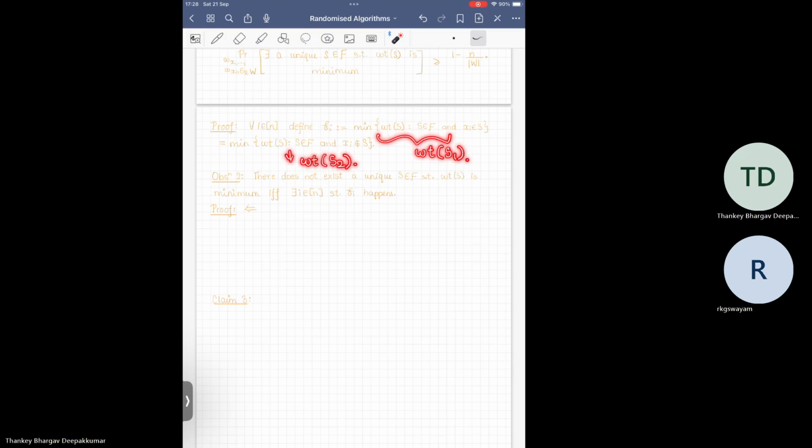Okay, so you have that these two are minimum and these two are equal. But why does that mean that both of them have minimum weight?